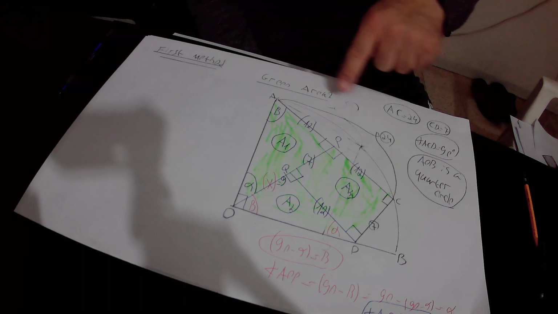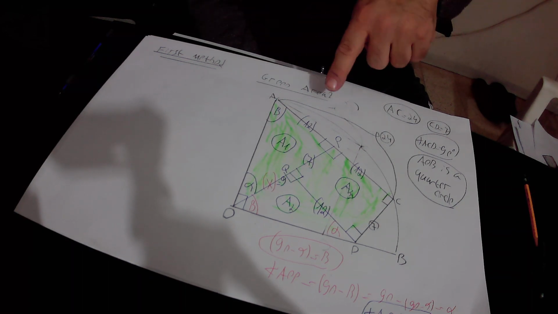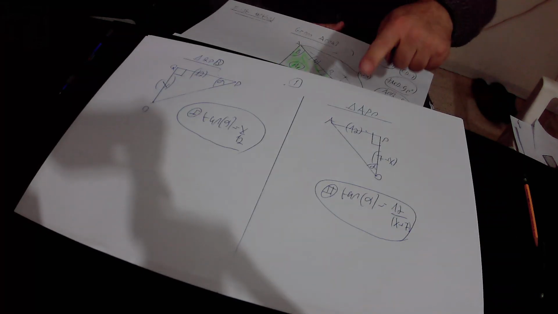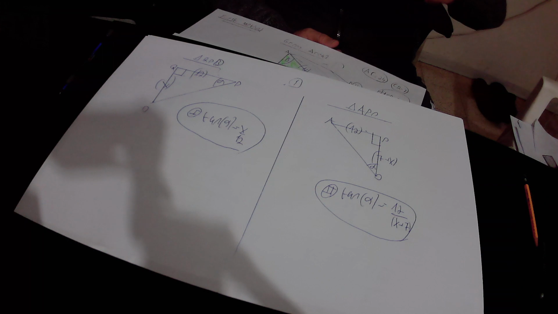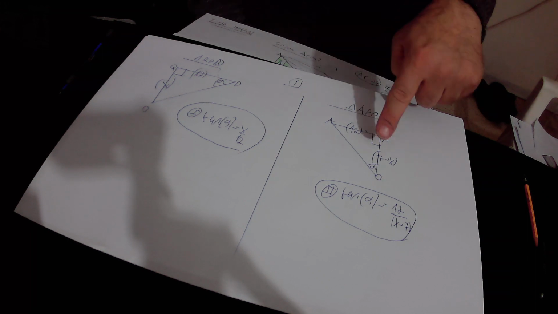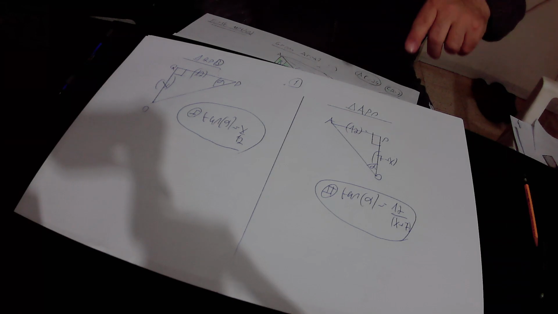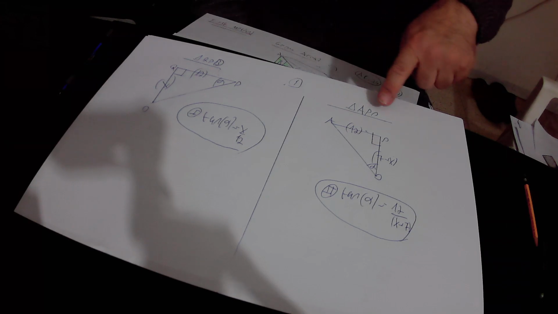Then I copied the right triangle APO in a new page and found out the value of tangent alpha in this right triangle also. This is the right triangle APO that I copied from the original drawing. Angle AOP is alpha and AP equals 12 units.